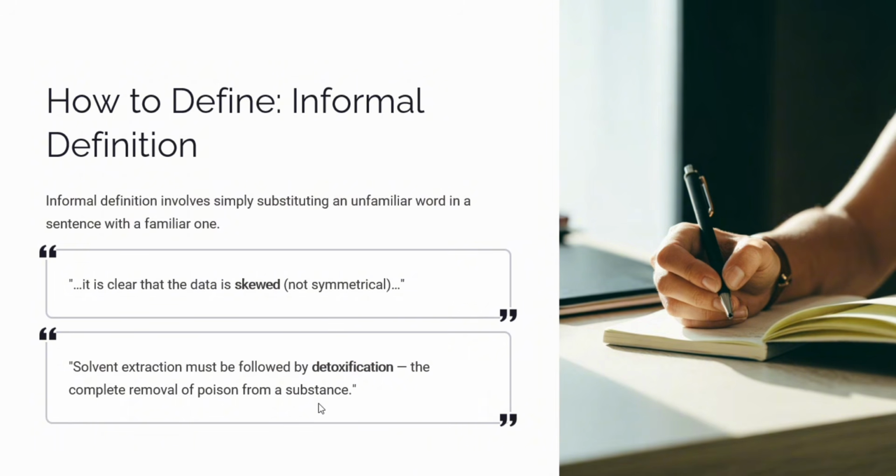So the complete removal of poison from a substance is the meaning of what? Detoxification. So this has brought us to the point that informal definition simply involves substituting an unfamiliar word in a sentence with a familiar one. So the moment you are able to substitute an unfamiliar word in a sentence with a familiar one, you have done your informal definition.